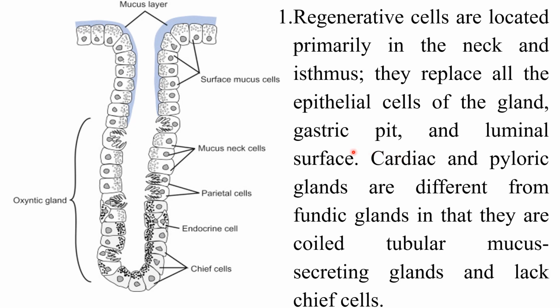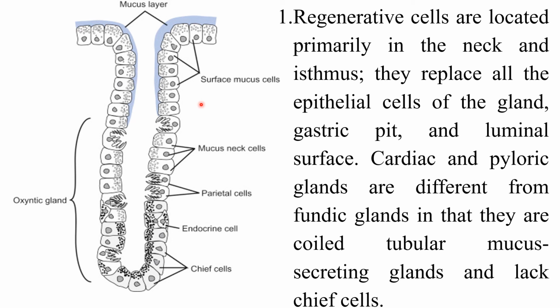There are some cells which are called regenerative cells. They are also located primarily in the neck and isthmus. In this region, they are located. They have the capacity to divide mitotically. Hence, they are called regenerative cells. And they replace all the epithelial cells of the gland, gastric pit, and luminal surface.